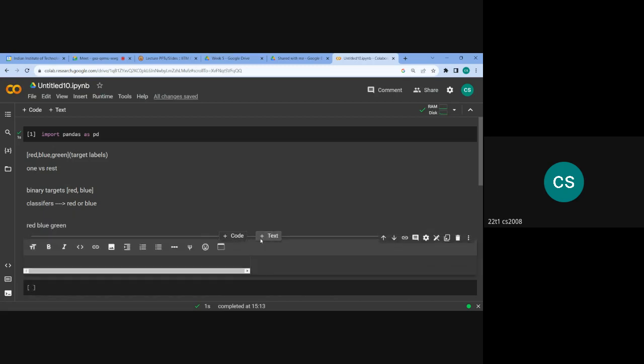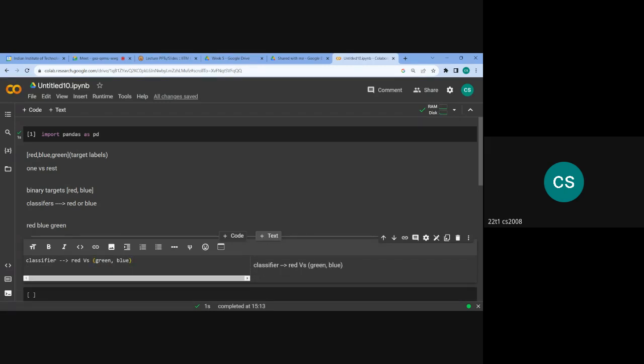We create a classifier that will identify red, and the rest will be green and blue. I'll name it classifier red.